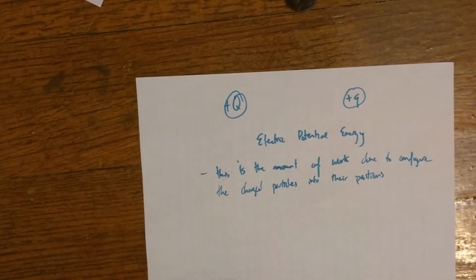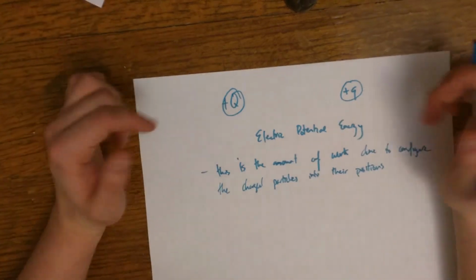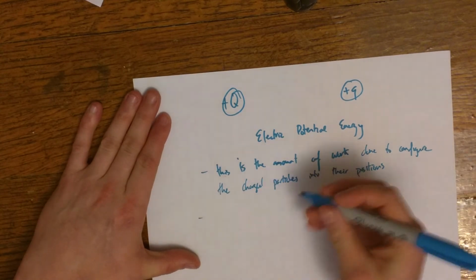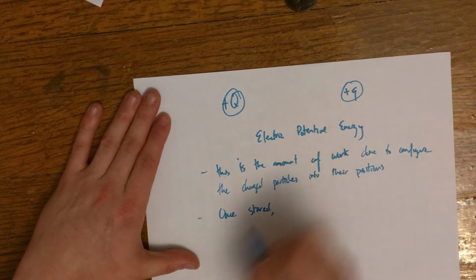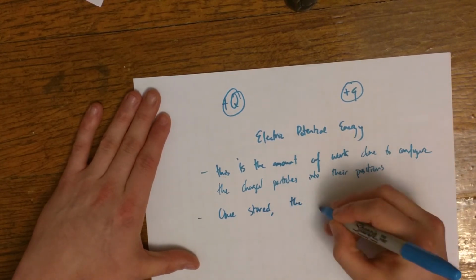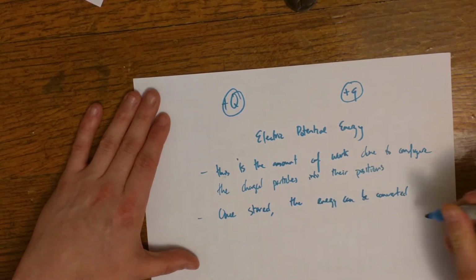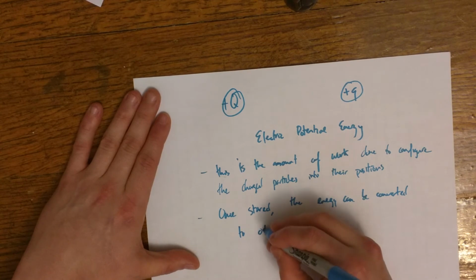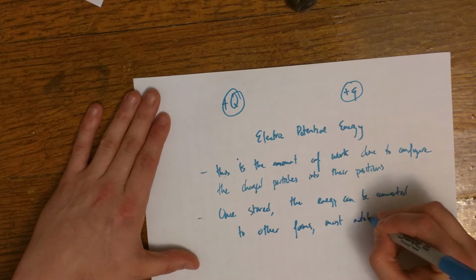And once stored, the energy can be converted into other forms. Meaning if I bring these two particles into place and then let them go, we would expect that they would move away from each other and get faster and faster. So once this potential energy is stored, the energy can be converted, and we could look at this with an energy diagram or our mathematical expressions, to other forms, most notably kinetic energy.